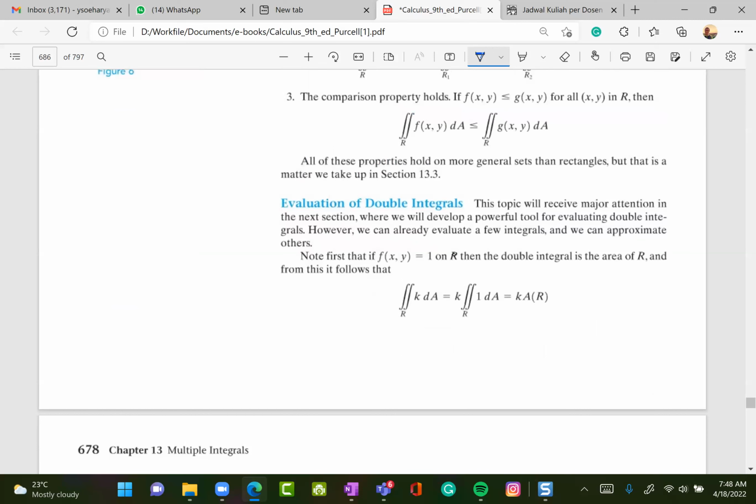All right, so we see this one here. In particular, if F is 1, for example, you integrate k dA, you can take the k out, and the integral of dA is just the area.